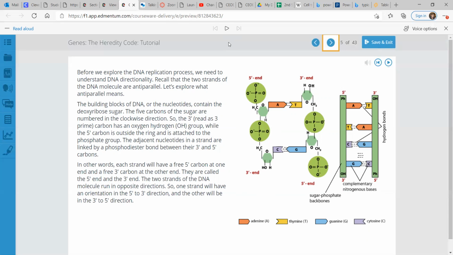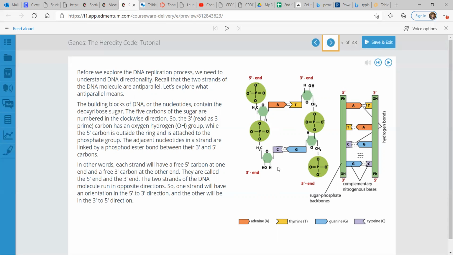The adjacent nucleotides in a strand are linked by a phosphodiester bond between their 3 prime and 5 prime carbons. And in here, we have the 3 prime end, and here's the 5 prime end, and then we have the 3 prime end and the 5 prime end.